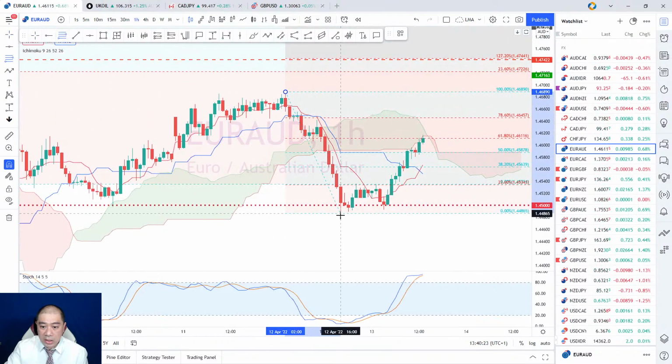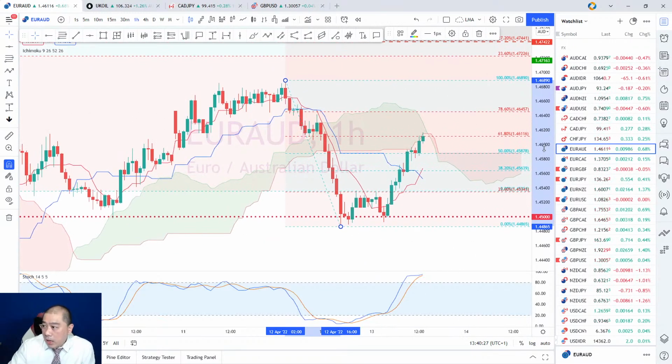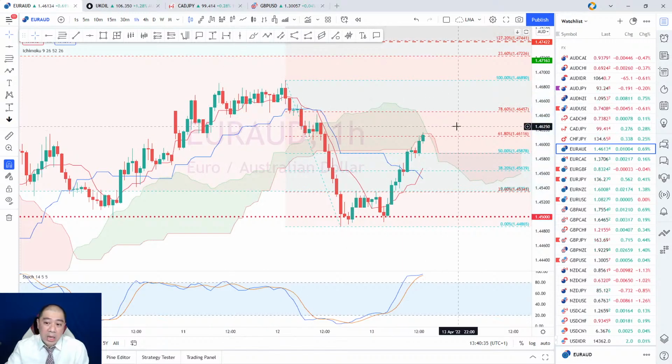That's one, and I think this is close to 61.8%. I know Miss Mary 89 is a scalper, so this might not be for everyone. But for everyone else looking at the hourly perspective on the Euro AUD, this is reaching the upper limits. It could go a little bit higher towards 78.6, but that could potentially be the cap there.